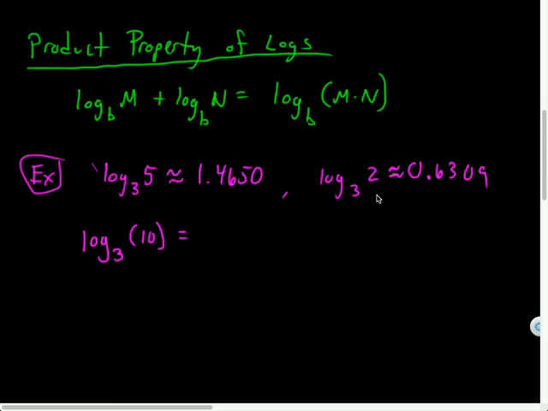Well, if you didn't have a calculator, you could say log base 3 of 10 is the same as log base 3 of 2 times 5. And then using this property of logarithms, the log of a product is equal to the sum of 2 logs.